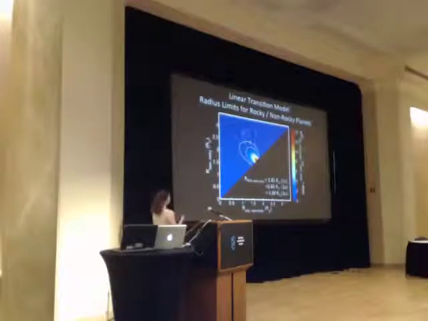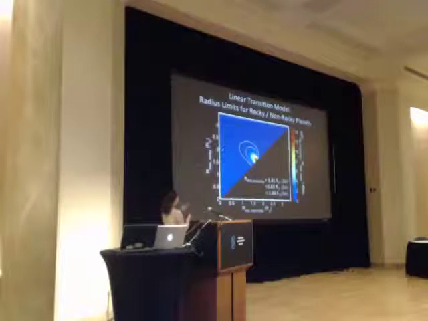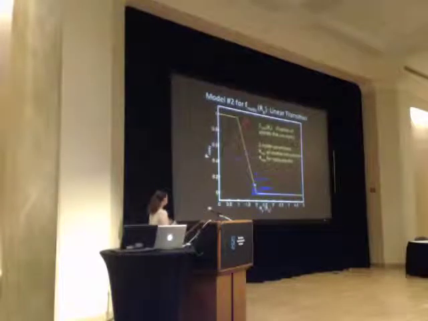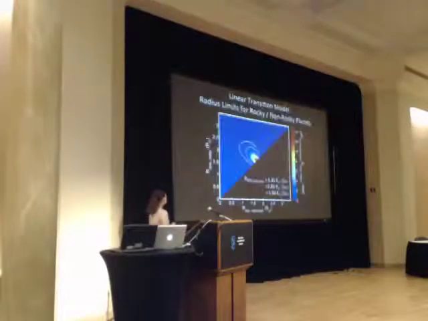Rocky planets can potentially exist, according to this model, to beyond 2 Earth radii. But if we look at what radius no more than 5% of planets are dense enough to be rocky, that's constrained within 2 sigma to be less than 1.85 Earth radii.